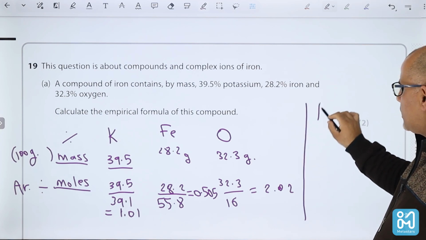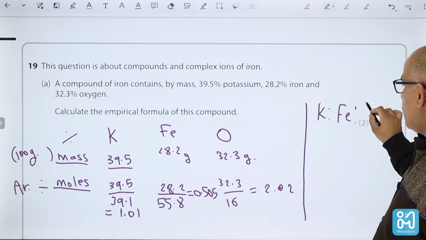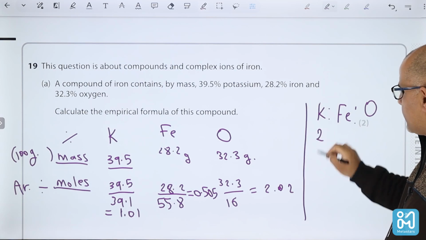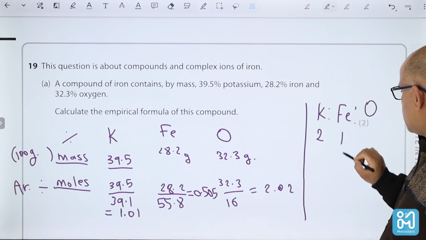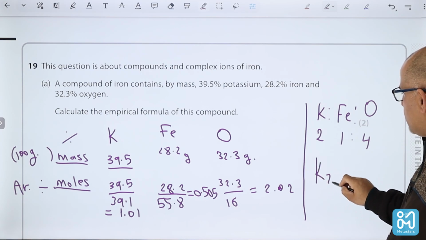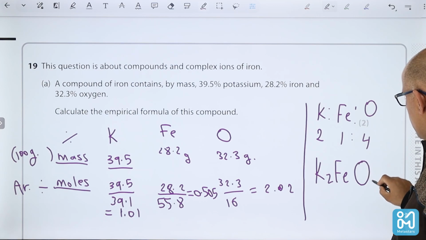So the ratio between K to iron to O is 2 to 1 to 4. So it's K2FeO4.